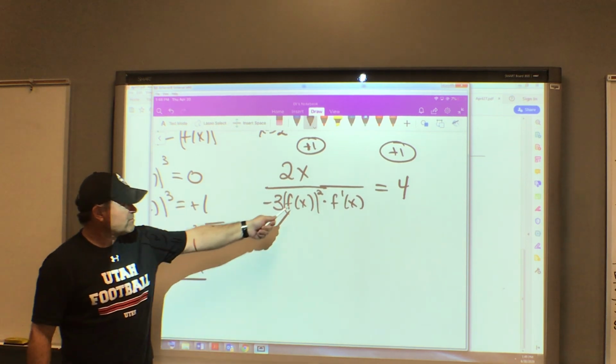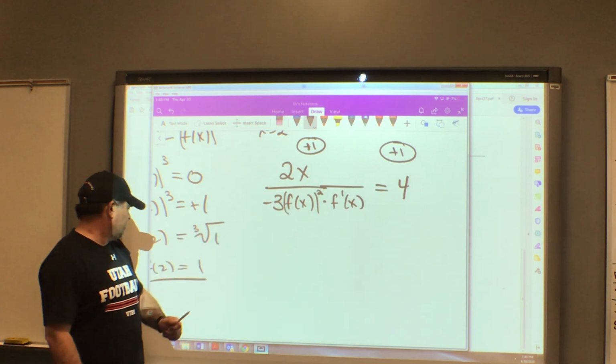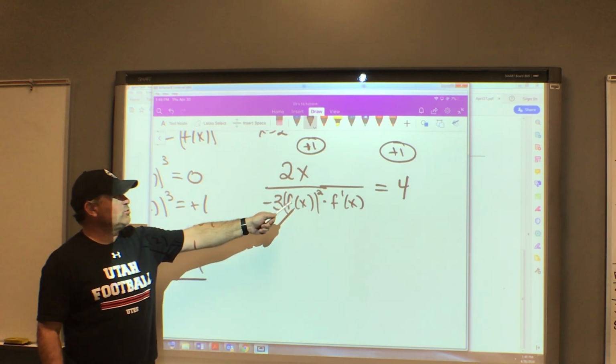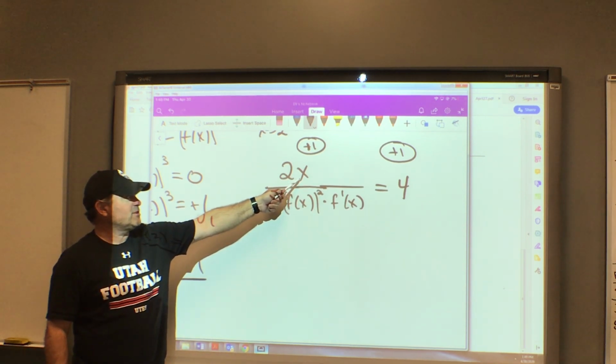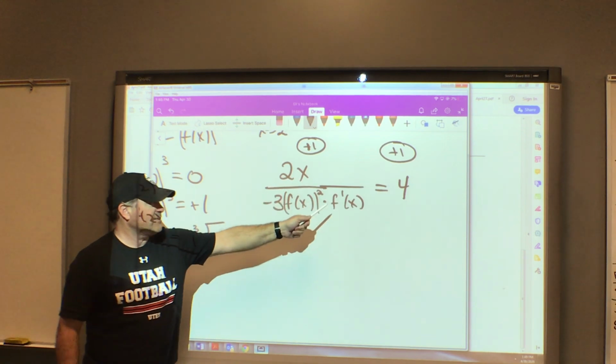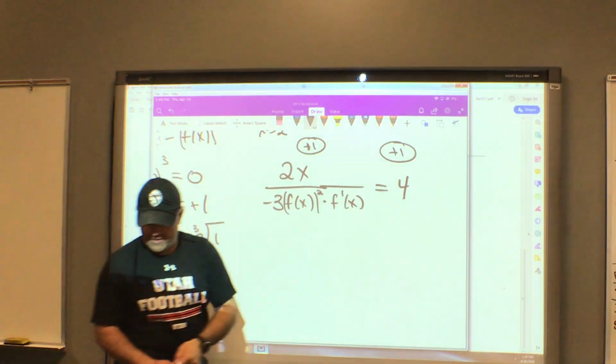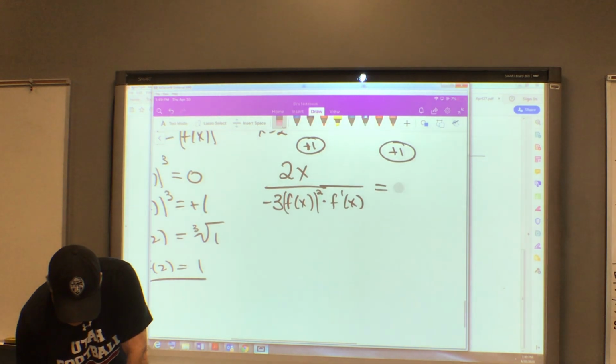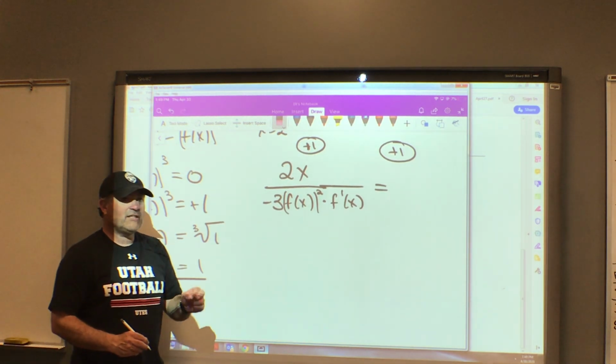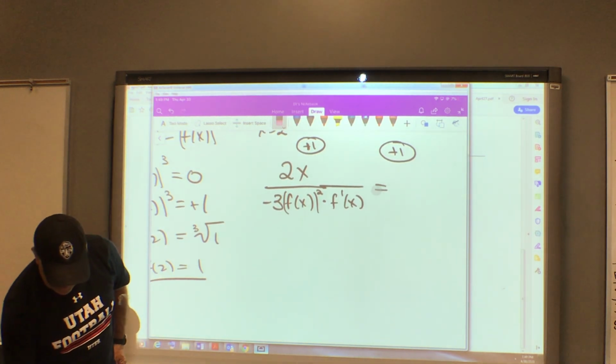Okay, now we know that f of 2 is 1, I believe, right? And I've got a problem. It's not an x. This is bad math. It does not become 4 until I plug in 2.